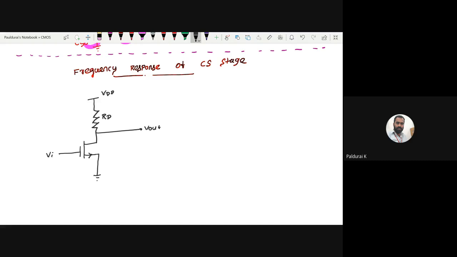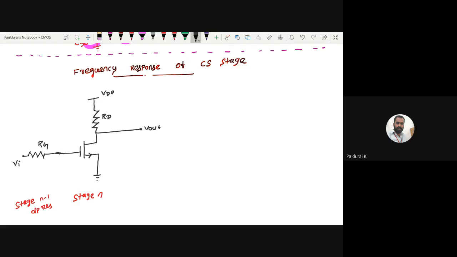But as I told earlier, this is my stage n. Just to consider if this is my stage n, and you want to consider the stage n minus 1, stage n minus 1 output resistance that will act as the input resistance of this stage. So let me add that also here. That is my RG, since it is connected with this gate.